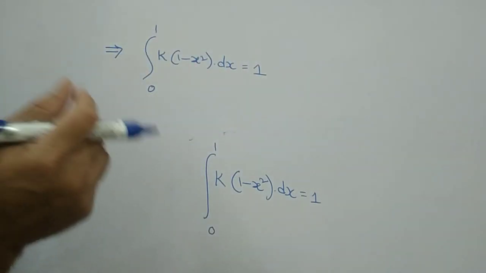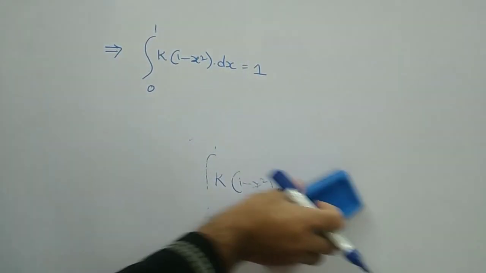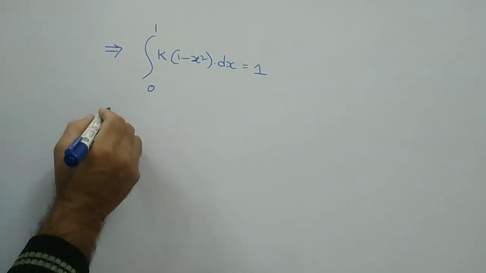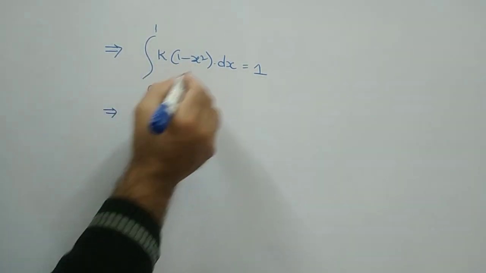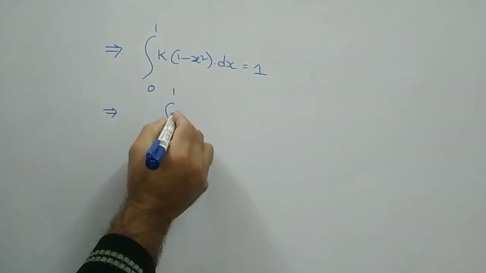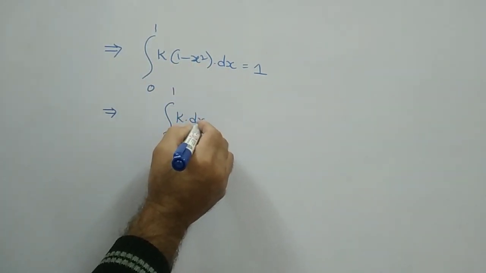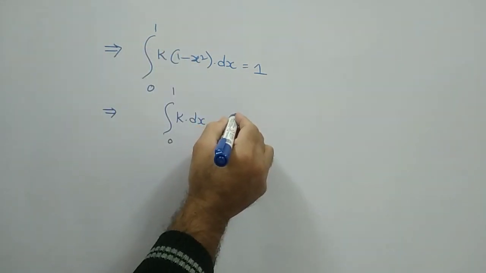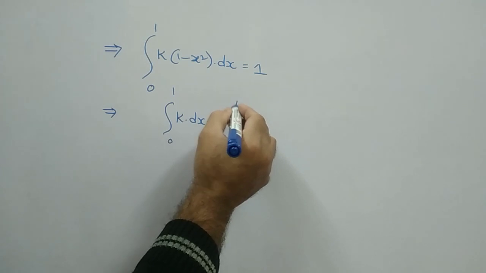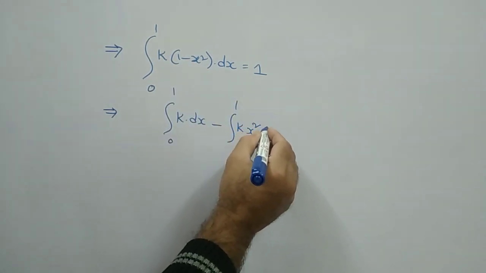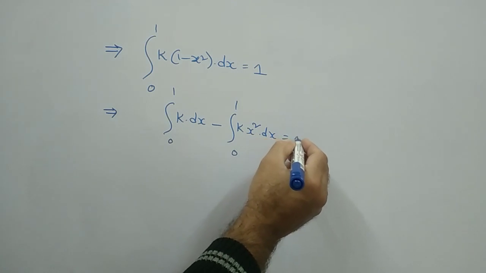Now you separate the two terms: integral 0 to 1 of k dx, minus integral 0 to 1 of k x square dx, is equal to 1.